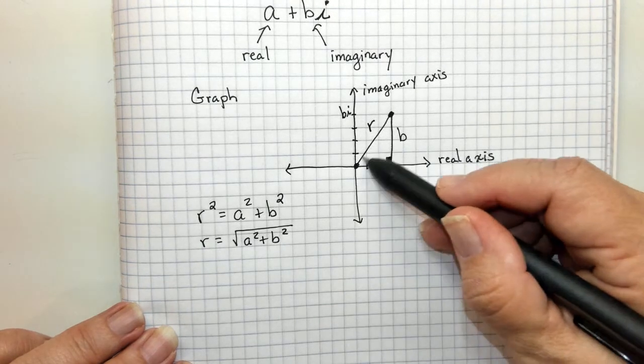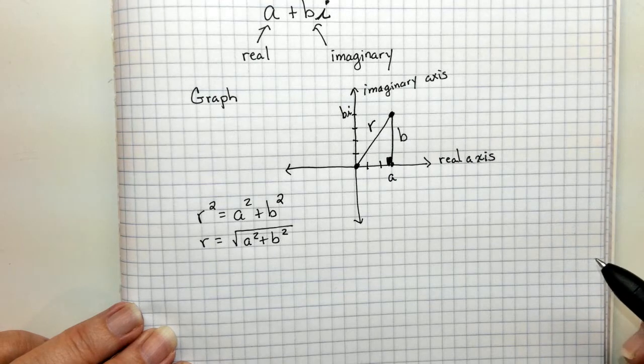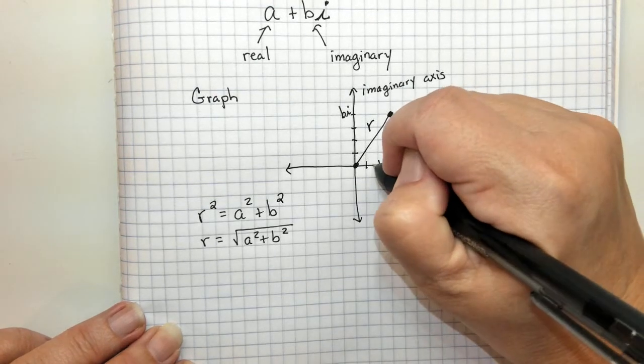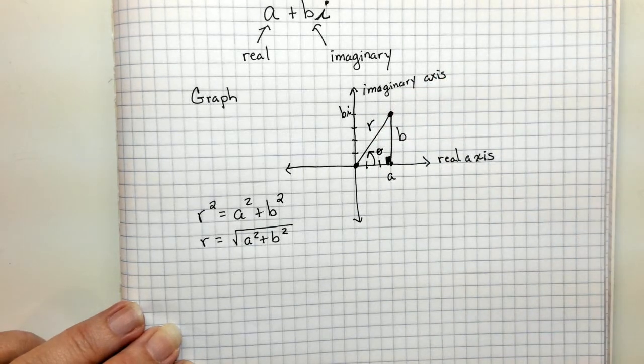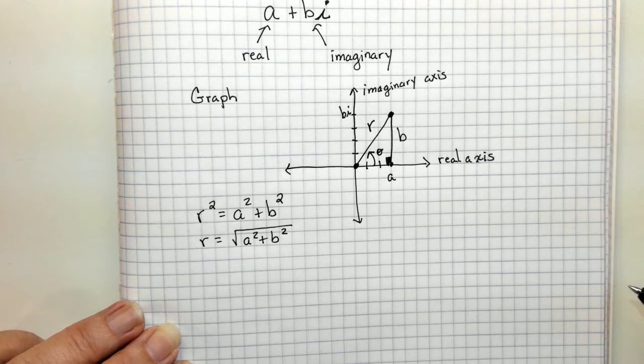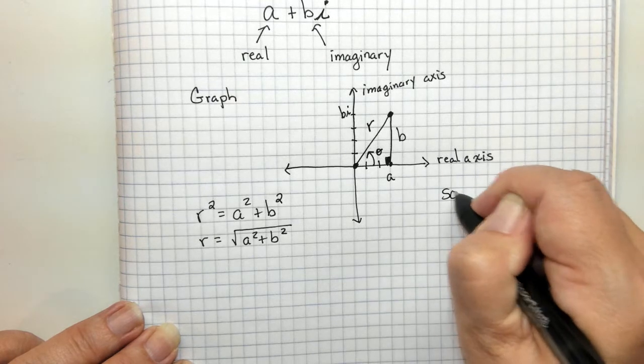And so that gives us this length here. The other piece of our puzzle is going to be this theta. And that's where we're going to use our right triangle trigonometry, right? Our SOHCAHTOA.